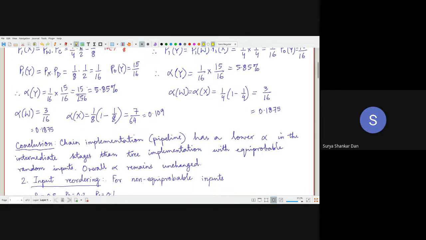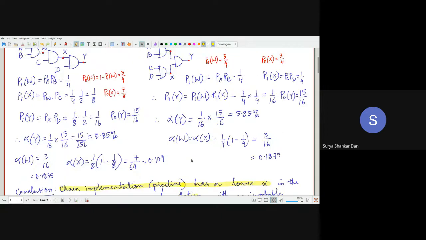In fact, this brings us to the very, very important concept of pipeline architecture. So what we understand is the chain implementation or pipeline has a lower switching activity in the intermediate stages than the tree implementation with equiprobable random inputs. Overall alpha remains unchanged.